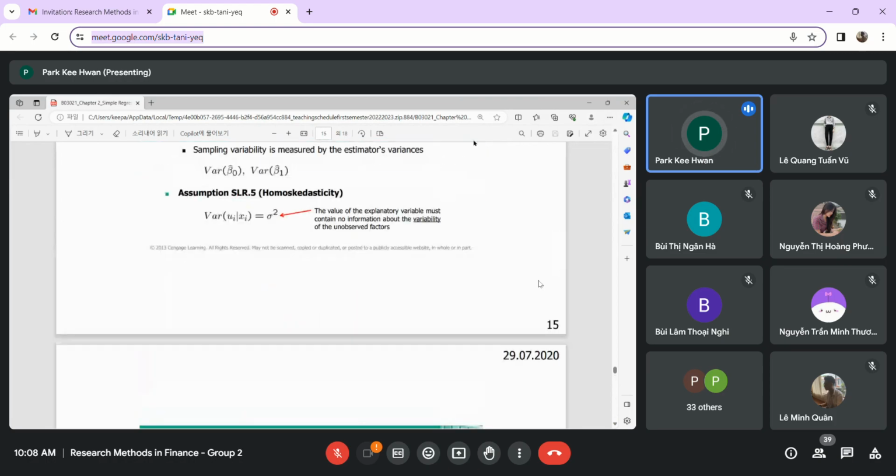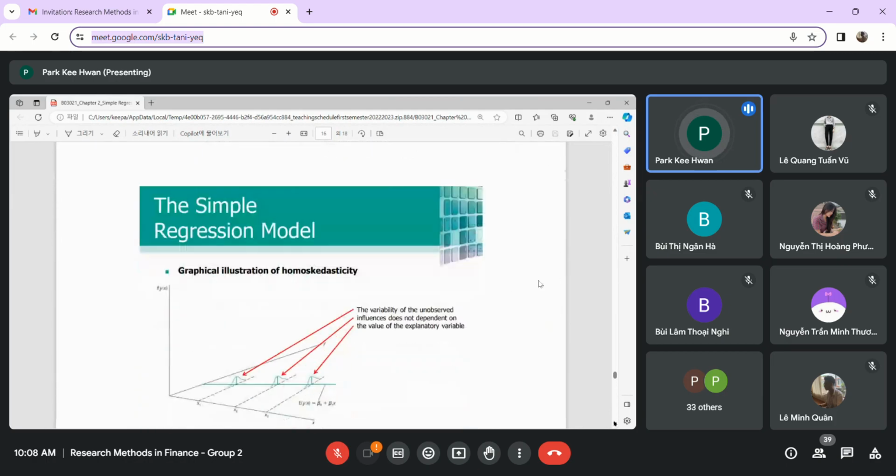The variability of ui does not depend on xi, which means the variability of ui is constant. That's what I mean by homoscedastic.